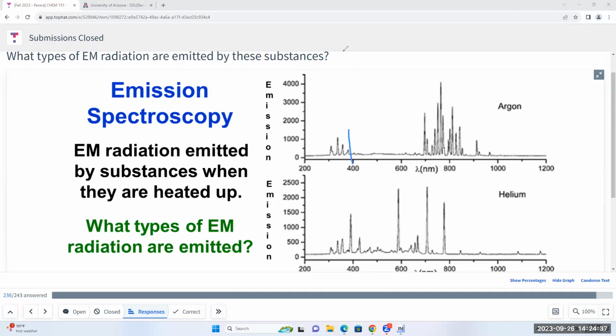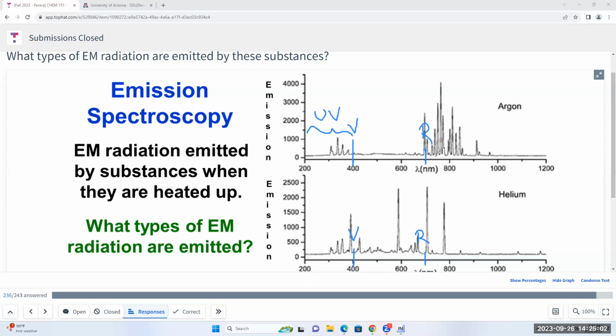Here's my violet, and then here's my red. All right, so we got that down. And we see that we have shorter wavelength than 400 nanometers. So this must be what? Yeah, thank you, ultraviolet or UV.